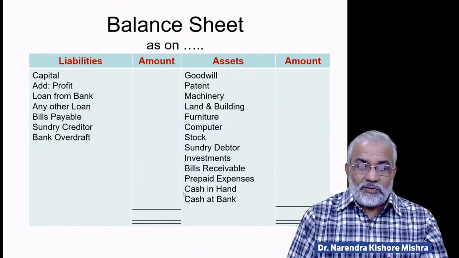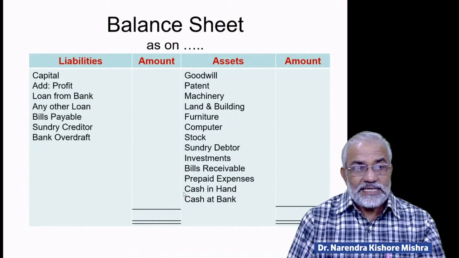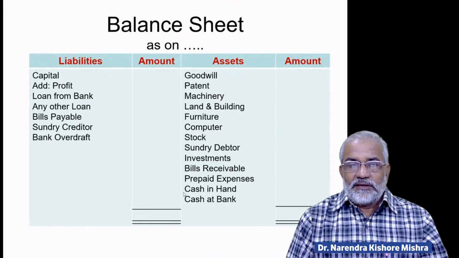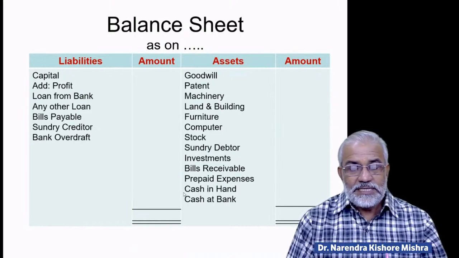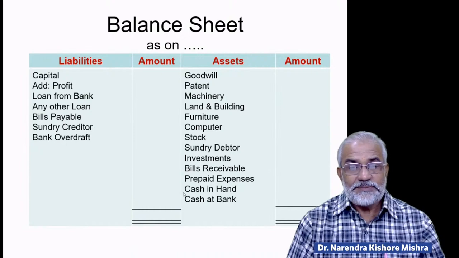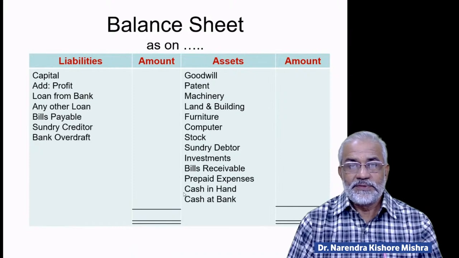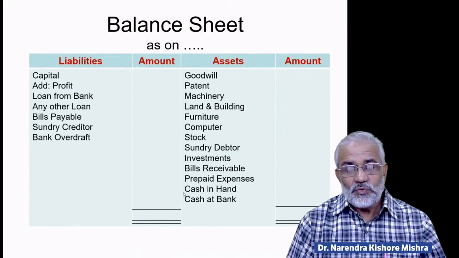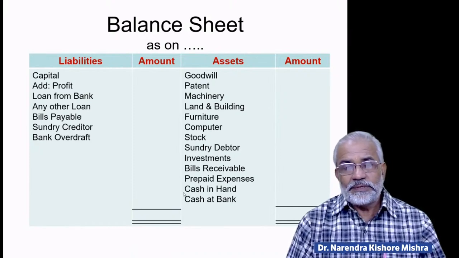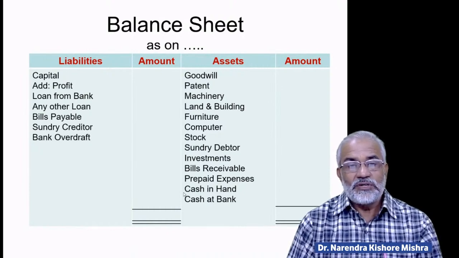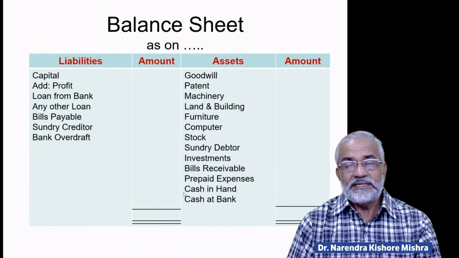So, the question is, why is the left hand side of the balance sheet liability and the right hand side asset? If we refer to the principle of trial balance, it says debit all assets and expenses, credit all liabilities and incomes. And if we refer to any particular account, the left hand side of the account is debit and the right hand side of the account is credit.